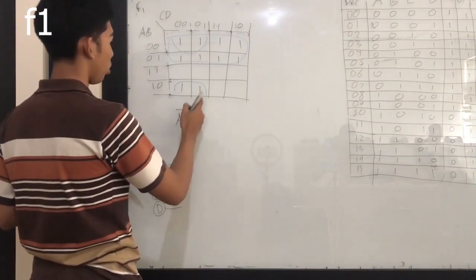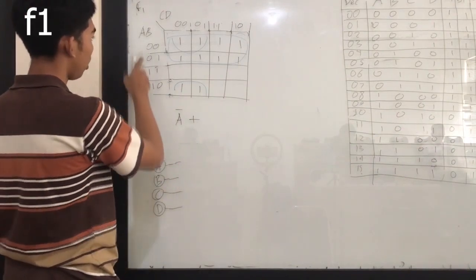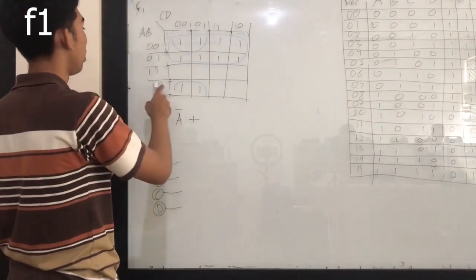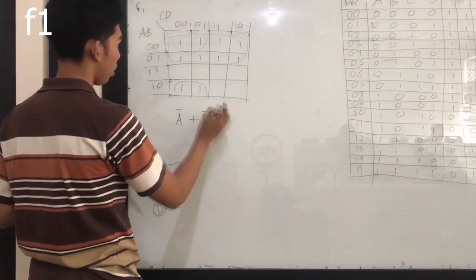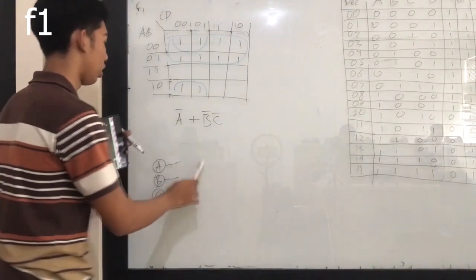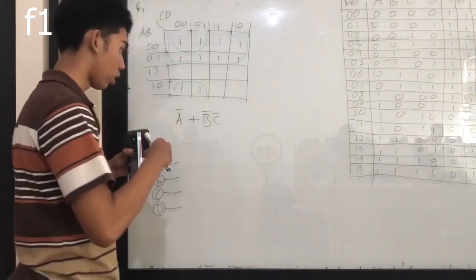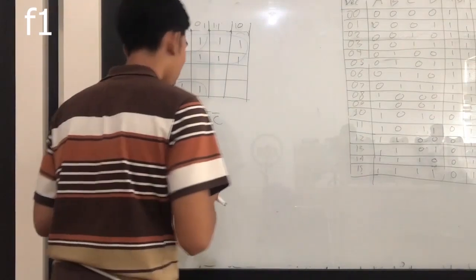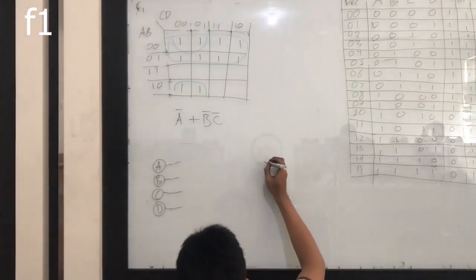And this group right here, A is changing, so there's no A. B 0 0, so B inverse, and C inverse. Okay, so this is basically the same as A1, D1, E1. So the circuit design should be the same one. So let's now draw it. So there's basically one N right here.